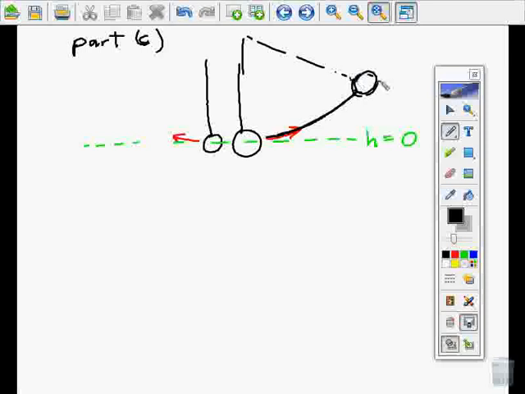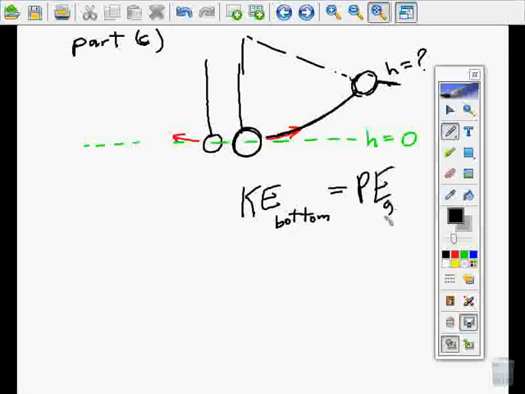So what's the bottom line? If you want to solve how high this is right here, you could start with the big whopper equation, but what's it going to simplify to? If we're just looking at this sphere right here, the kinetic energy that it has at the bottom is going to equal the gravitational potential energy that it has at the top. So the 1/2 mv squared at the bottom is going to equal the mgh at the top.